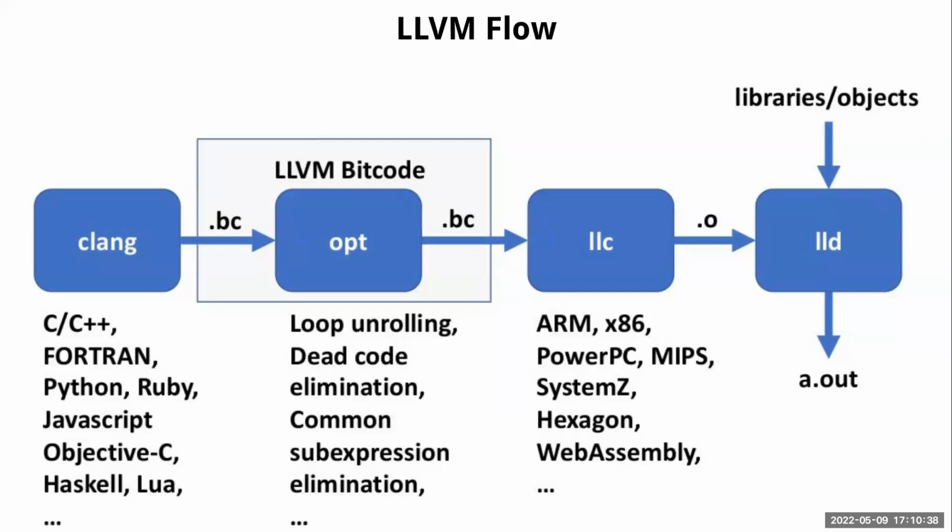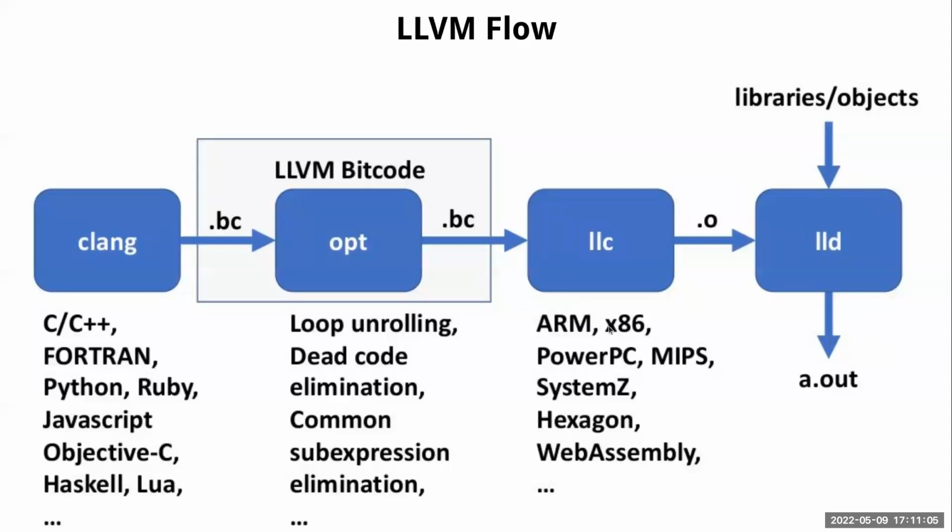Then at the IR level, we can use the same optimization code. We can reuse that. We don't have to re-implement the optimization for different languages, because they are all in the IR. Then after that, you will just use another backend to compile into whatever architecture you want to use.